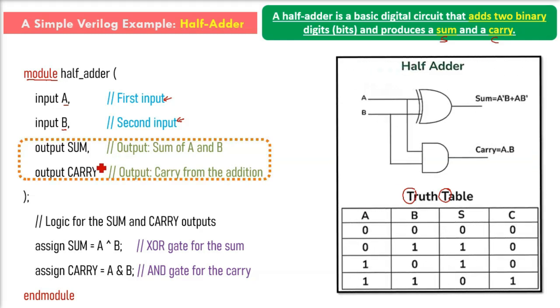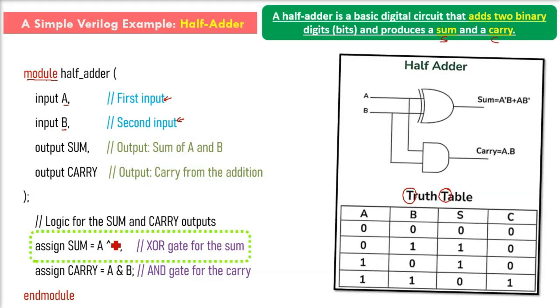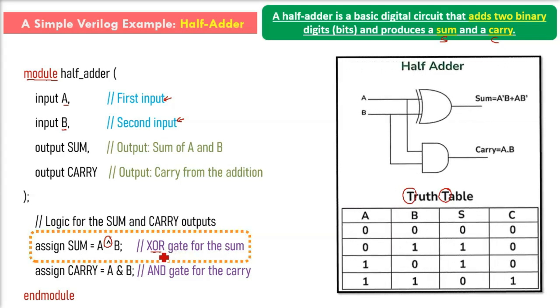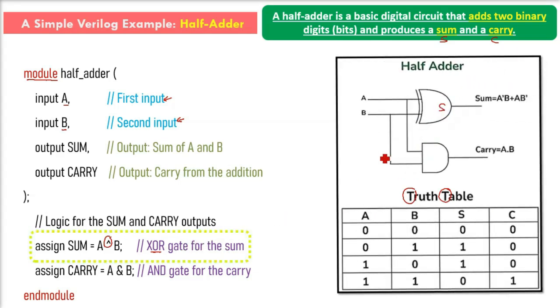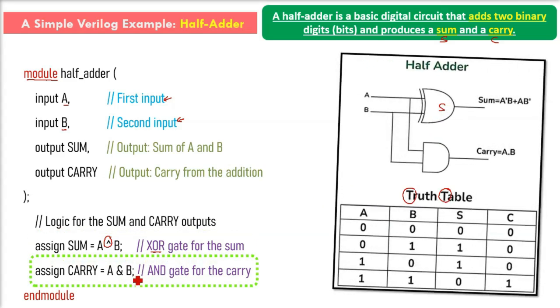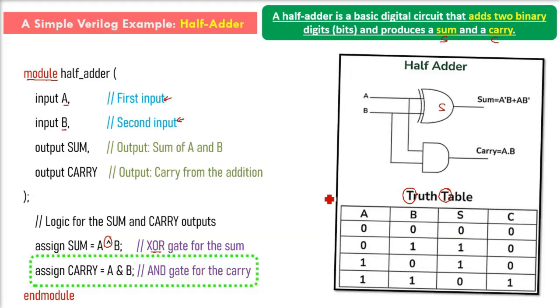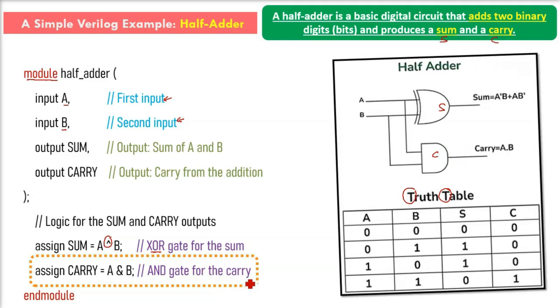Once this declaration is over, we do the logic implementation. Assign sum equals A XOR B. It describes the XOR gate logic for calculating the sum. Assign carry equals A AND B. It describes the AND gate logic for calculating the carry.